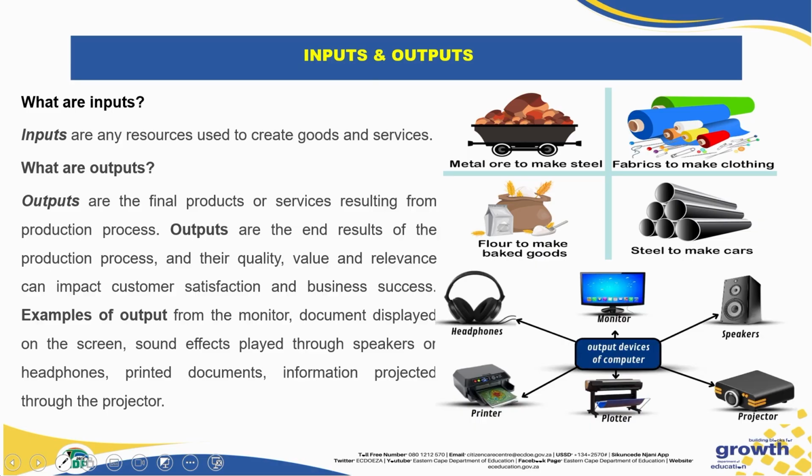Okay, let me set an example of outputs. Let's say, for argument's sake, you've got a monitor, a computer. Now, you do everything in the computer, but in terms of getting a voice or receiving a voice, you have to use what? Speakers, headphones, a projector to project a document that you typed. You have a printer to take out the products. Those are the outputs of the computer that you are using.